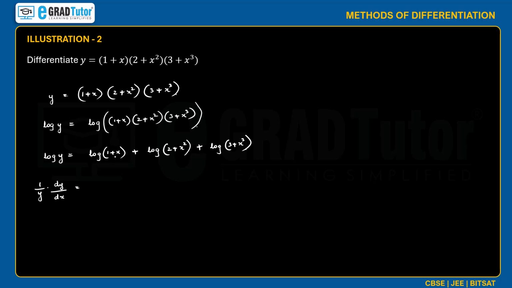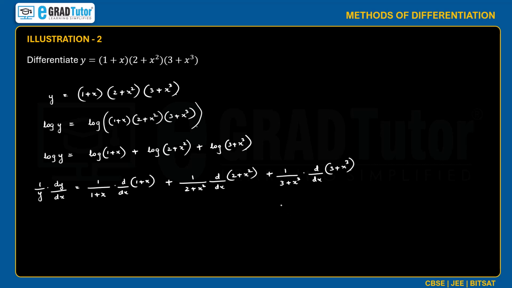What is differentiation of log 1 plus x? 1 by 1 plus x into d by dx of 1 plus x, plus 1 by 2 plus x square into d by dx of 2 plus x square, plus 1 by 3 plus x cube into d by dx of 3 plus x cube.